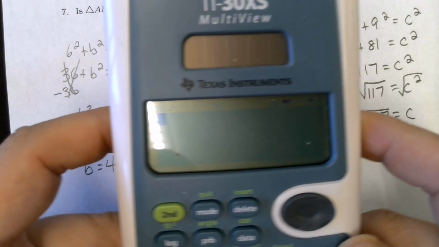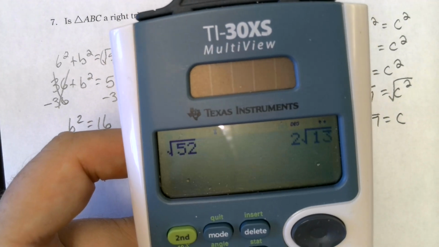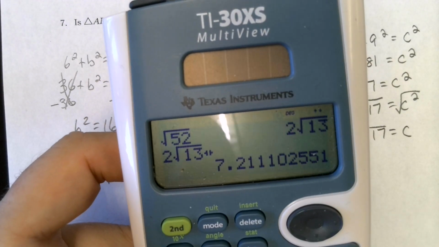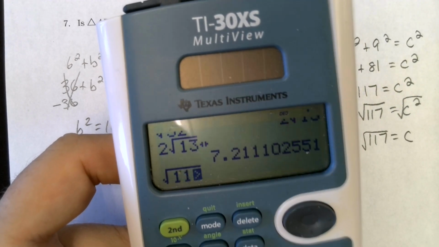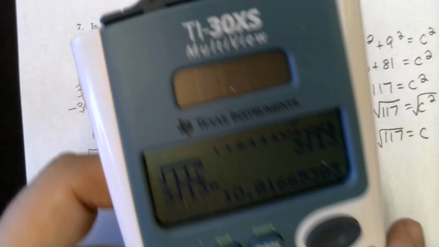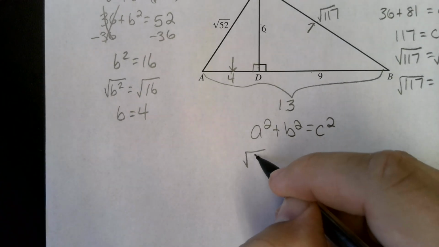So if I take the square root of 52, I get 7.2. If I take the square root of 117, I get 10.8. Both of those are smaller than 13, so 13 is going to be my hypotenuse.